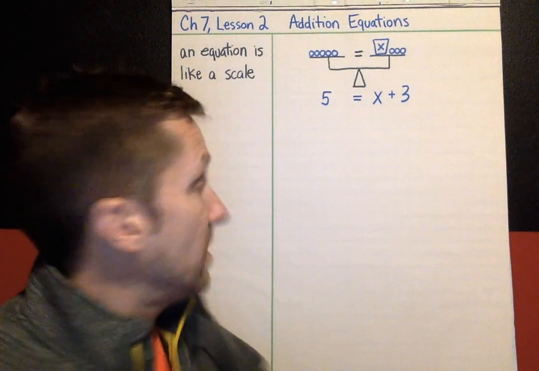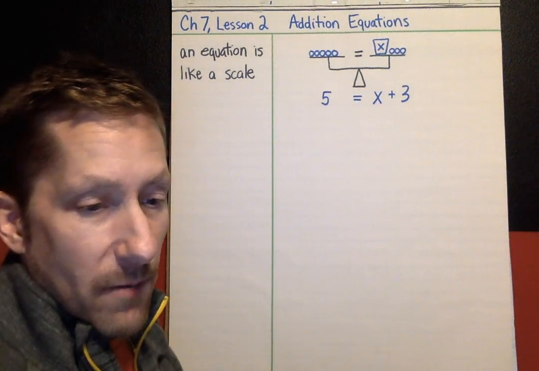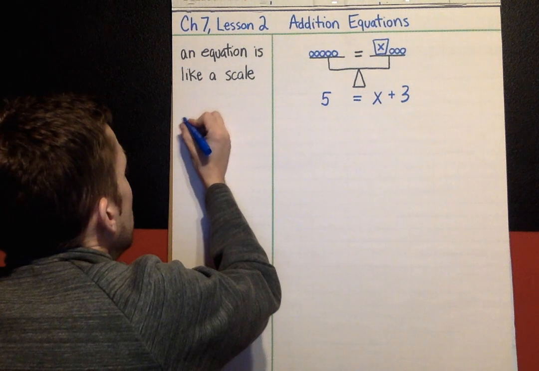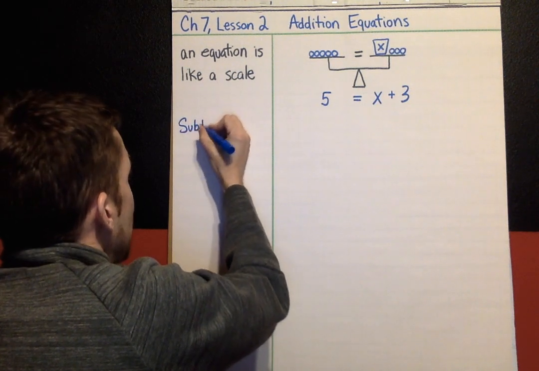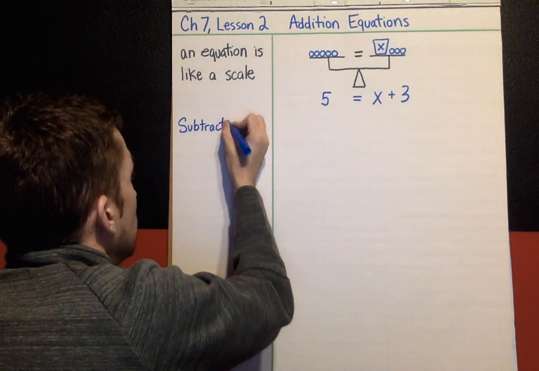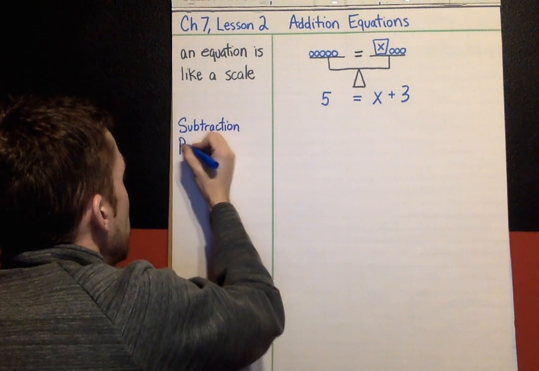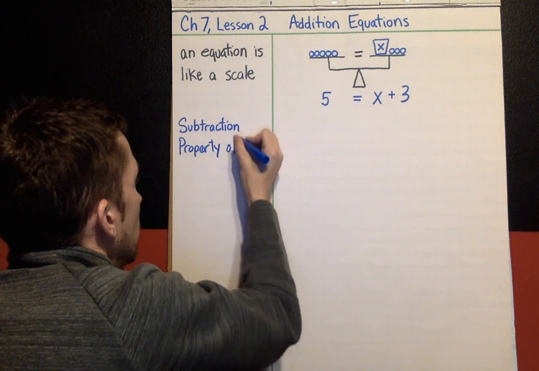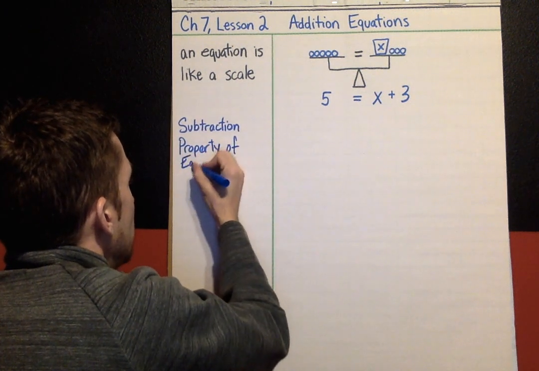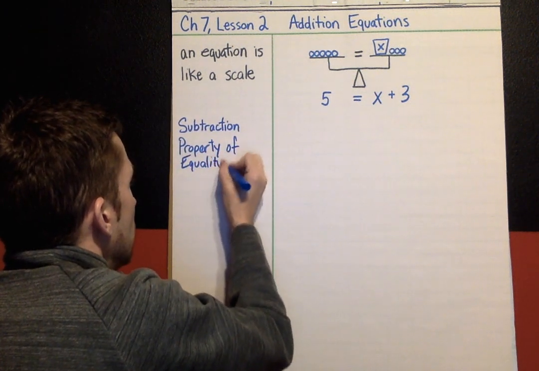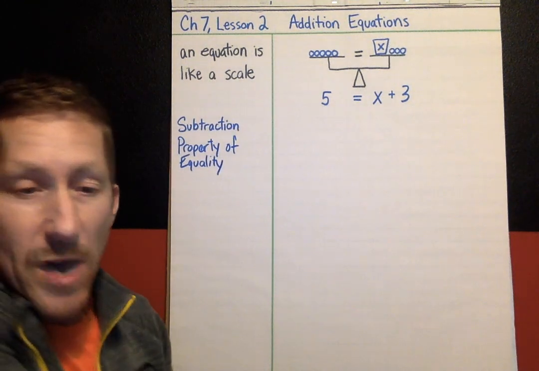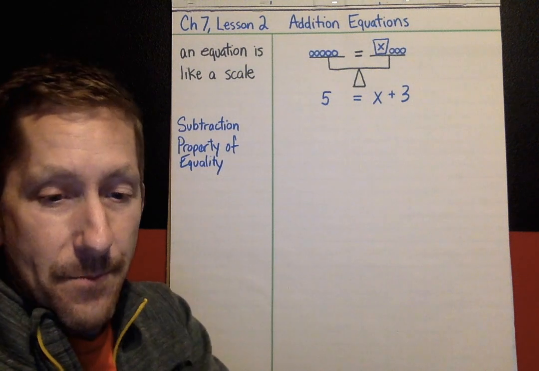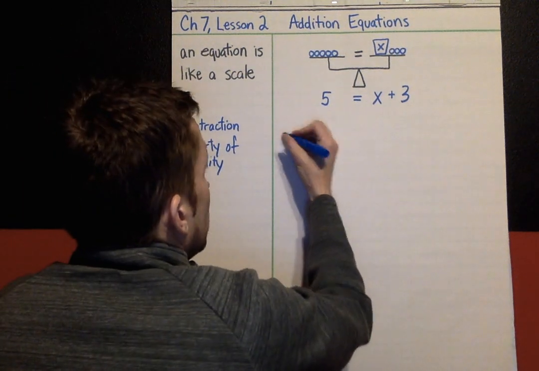So the first thing, we're going to talk about another property right now, and it's called the subtraction property of equality. What this property says, what it means, is this.